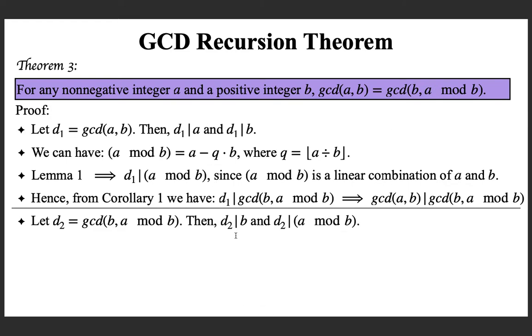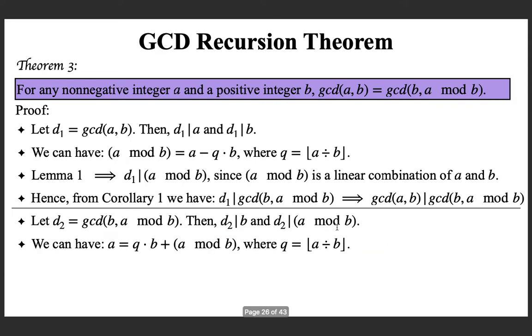Then no doubt D2 divides B and D2 divides A mod B, because the GCD is a common divisor for both B and A mod B. So from the definition of the GCD, D2 must divide both B and A mod B.